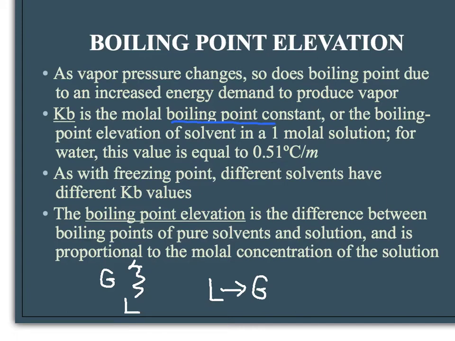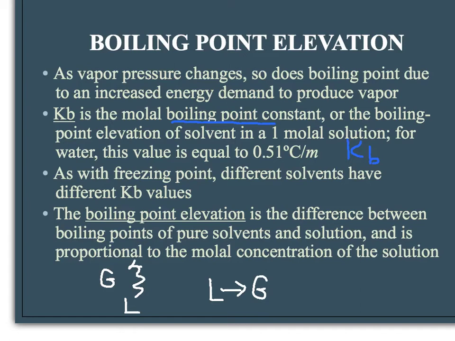And this describes the amount of temperature change per molal solution of any given solvent. So the value for boiling point is K with a subscript of B for boiling point constant.